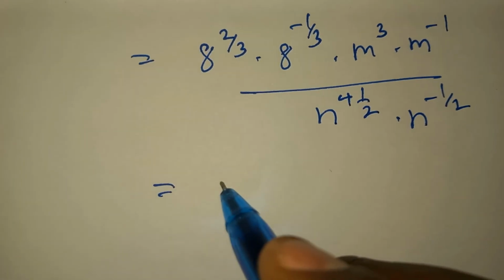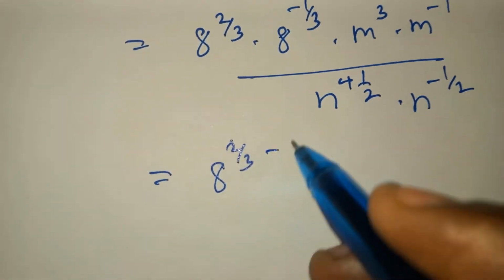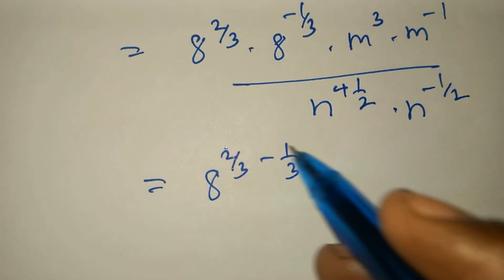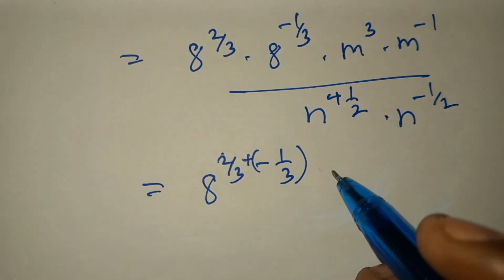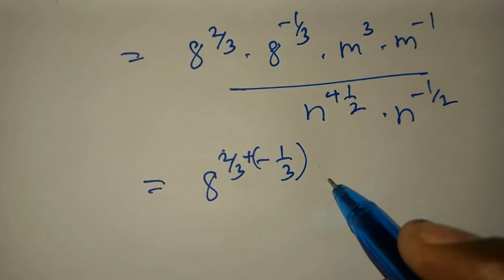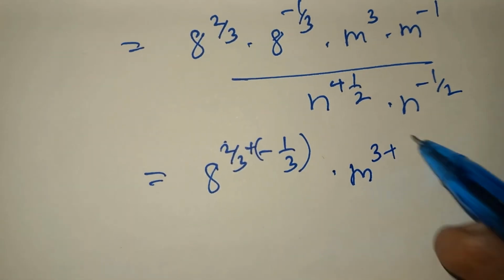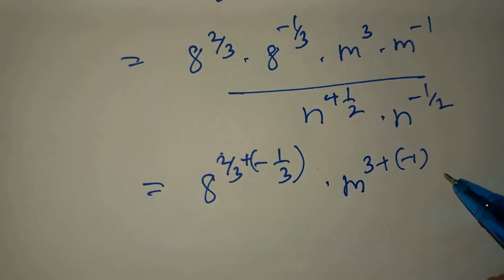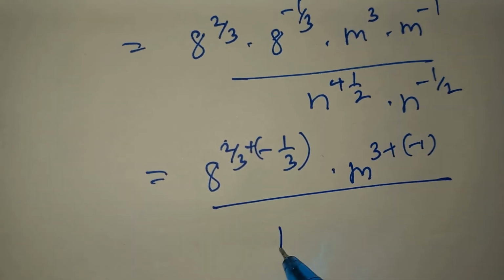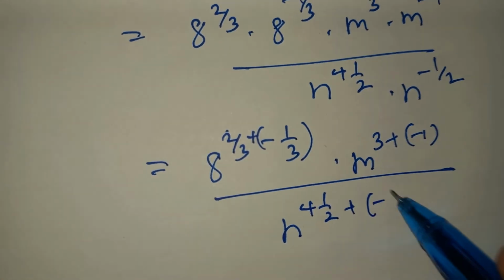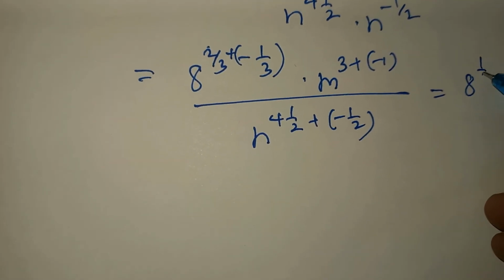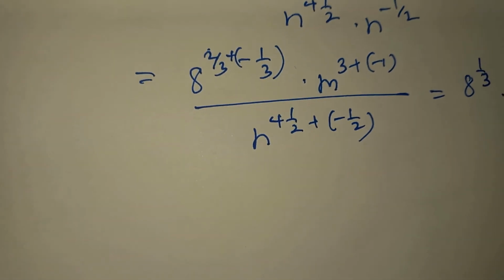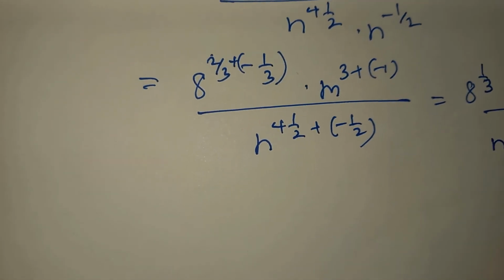Now, using the first law of indices, this is the same as 8 to the 2/3 minus 1/3, because I'm adding 2/3 to minus 1/3, multiplied by m to the 3 plus minus 1, and downstairs we have n raised to the power 4 and a half plus minus a half, which simplifies to 8 to the 1/3 times m squared over n to the power 4.